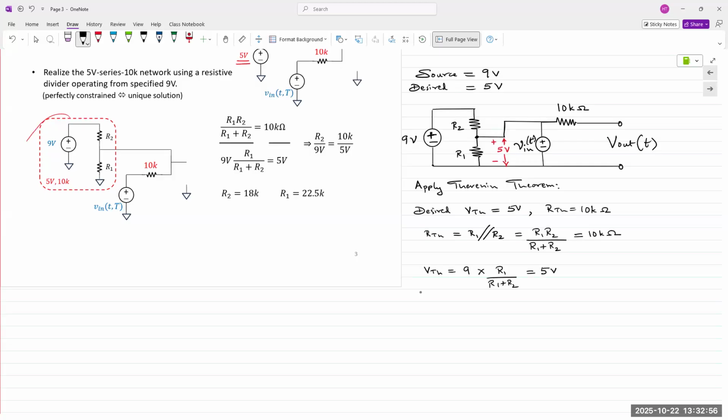So the ratio of R1 over R1 plus R2 is 5 over 9. Okay, it's 5 over 9. Let's take a pause while you look over the equations, and then let me know if you have any questions.